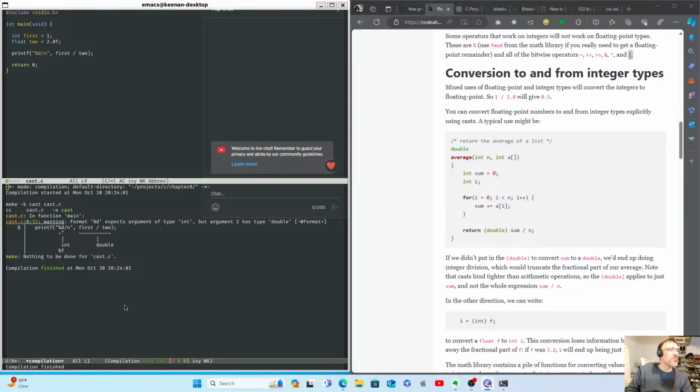Let's type double. How do I? It's double. I don't remember what.